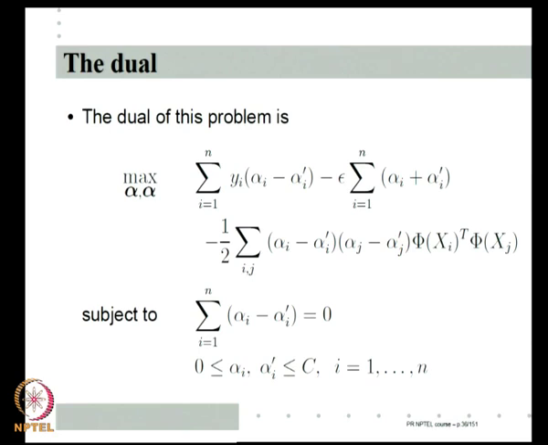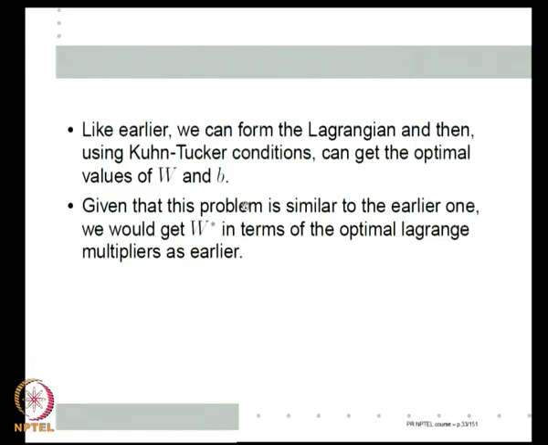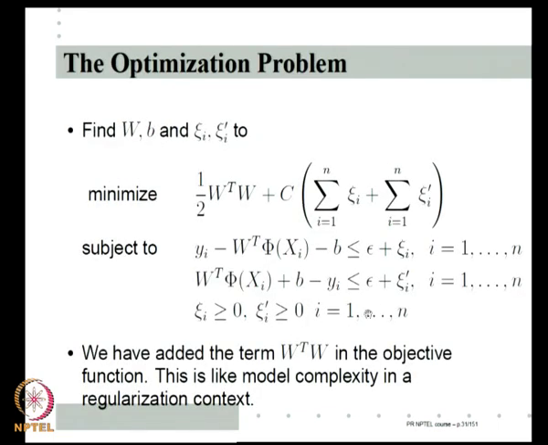We will just omit the details because the derivation is quite similar. Now we have two sets of Lagrange multipliers, alpha and alpha prime. Basically, there are 4 constraints: 1, 2, 3, 4. These are the xi_i constraints, and these are the xi_i prime constraints.